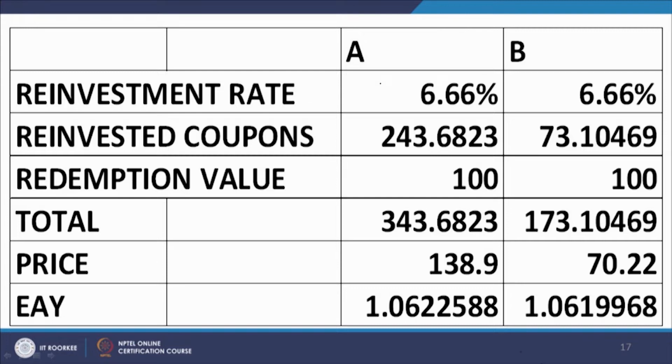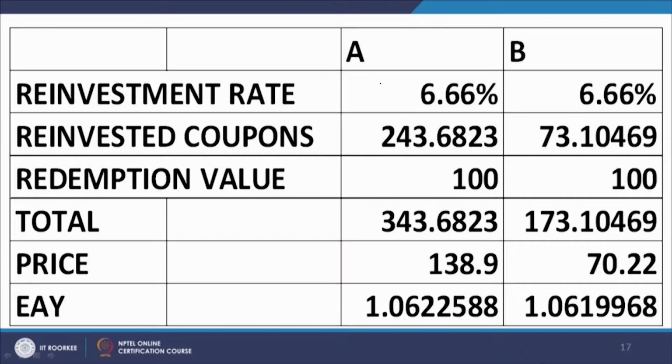6.199%. So, clearly, notwithstanding the fact that the YTM of B was higher than the YTM of A, the effective annual yield of A tends to be higher than B. Why is that? Because the actual or projected reinvestment rate happens to be different from the YTM.